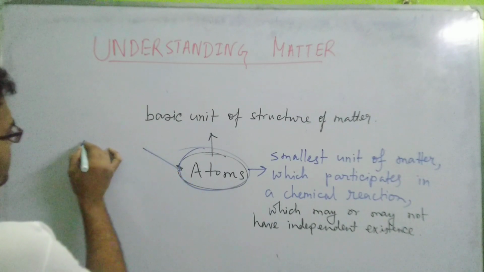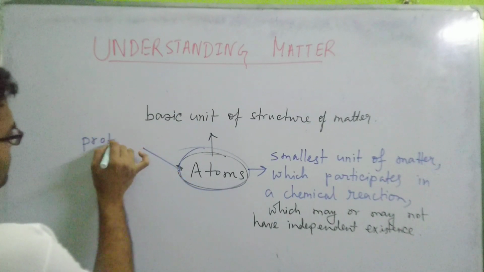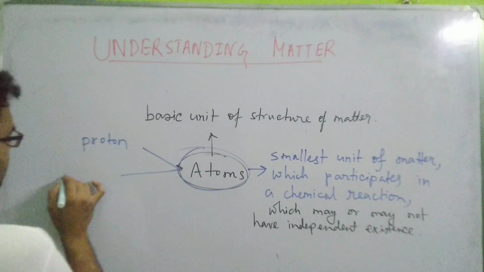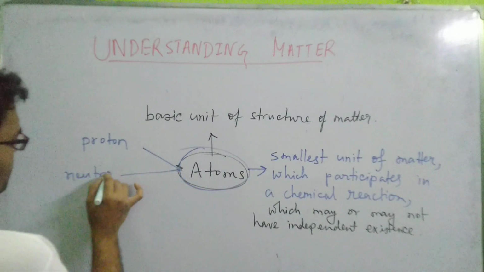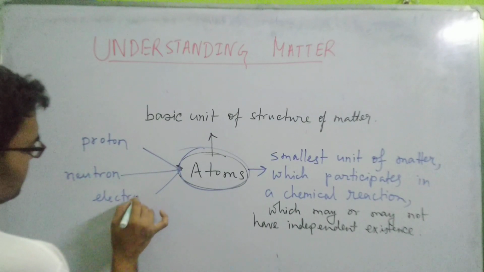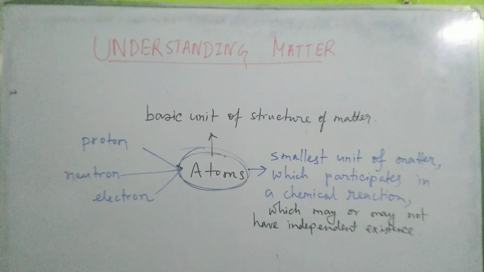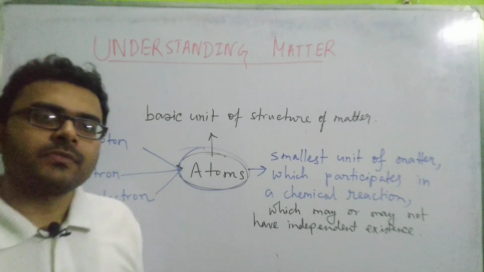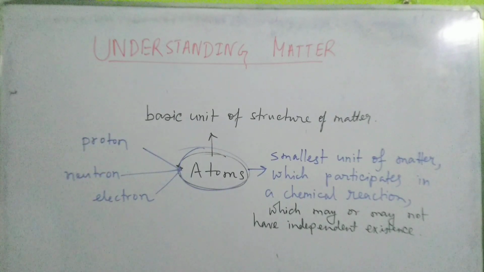First one is the proton, second is the neutron, and third is the electron. These are the fundamental particles that are said to constitute an atom. Through various experiments from time to time, these subatomic particles have been discovered and their properties have been defined. So we will study them one by one.